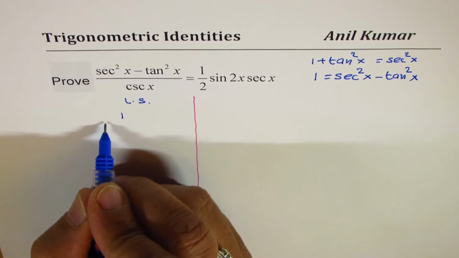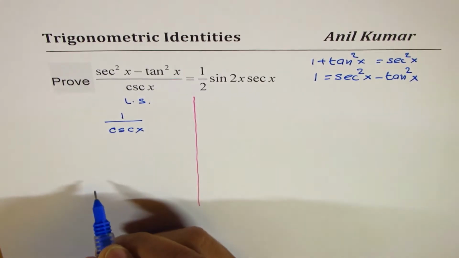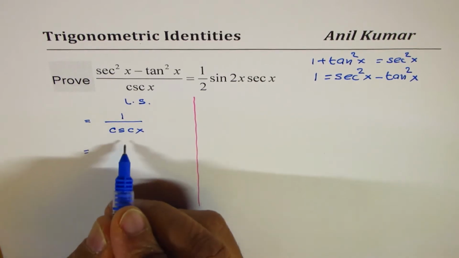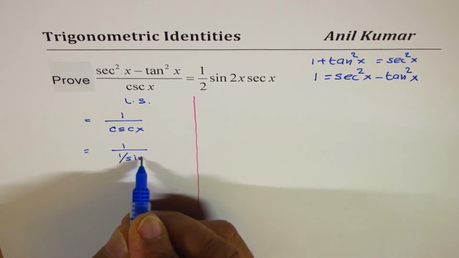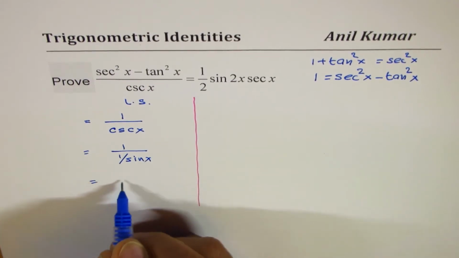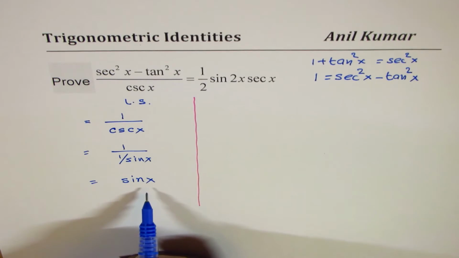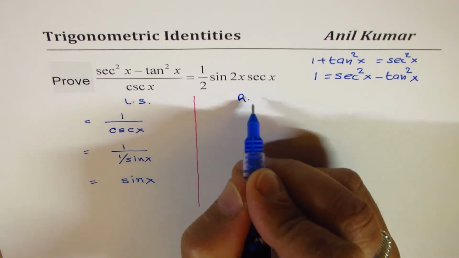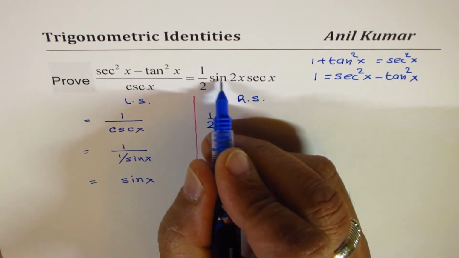So we have 1 over cosecant x. So simple. And cosecant is reciprocal of sine. So you could write this as 1 over 1 over sine x, or sine x. Do you see that? So the left side is basically sine x. Now how about the right side? Let's look into this. We have half sine 2x.